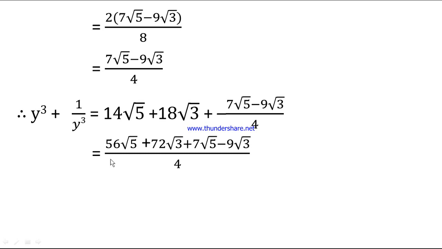And in the next line, here 56 root 5 and 7 root 5 is equal to 63 root 5, and 72 root 3, from 72 root 3 I have subtracted 9 root 3, then the result is 63 root 3, by 4.